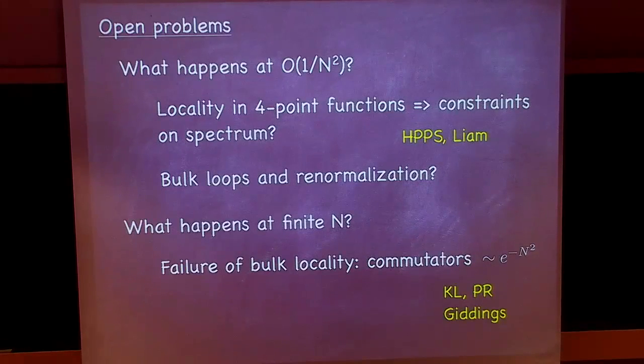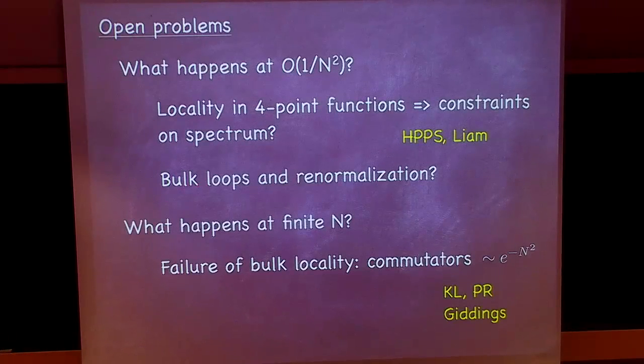At order 1/n, we only had 3-point functions, and aside from using 1/n counting, it seemed this would work in pretty much any CFT. If you try to impose locality at the level of 4-point functions, you might find more constraints. In particular, you might find constraints on the CFT spectrum that have been discussed in the literature and in Liam's talk.